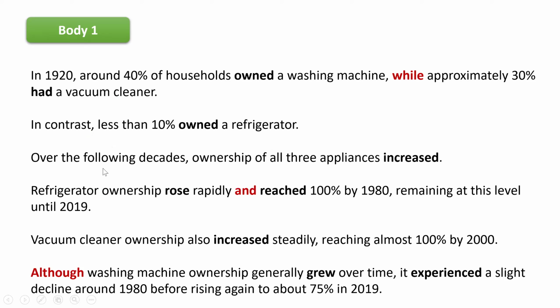Nah, selanjutnya, over the following decades, ownership of all three appliances increased. Ini adalah kata kerjanya. Kalimat keempat, kata kerjanya adalah rose rapidly and, karena di sini ada connected ya, maka di sini juga dipastikan ada dua kata kerja.